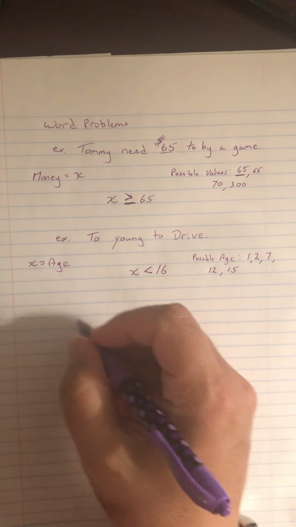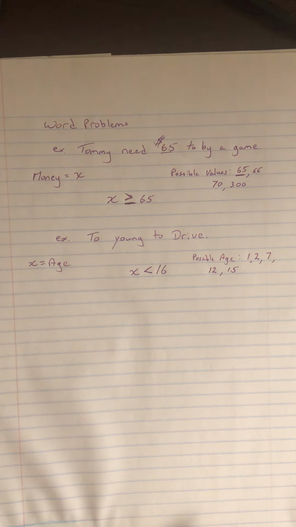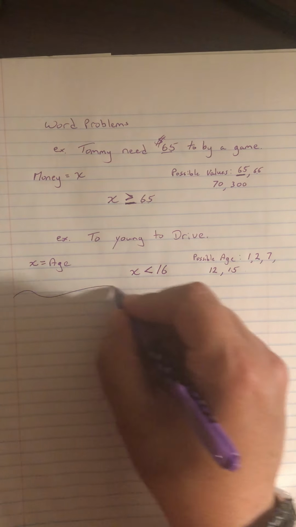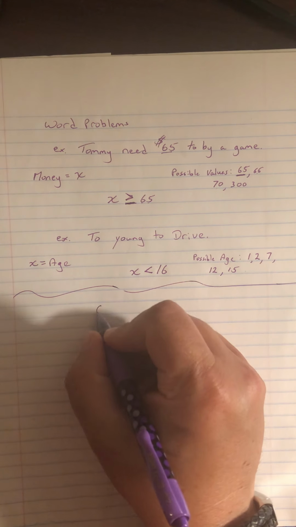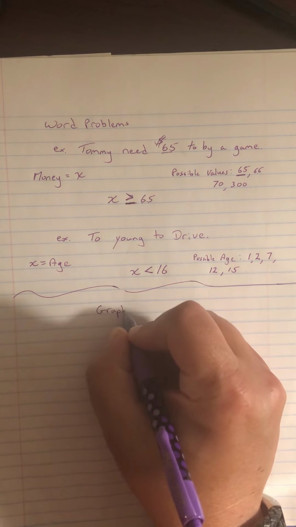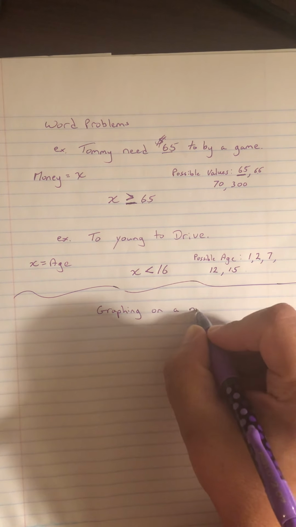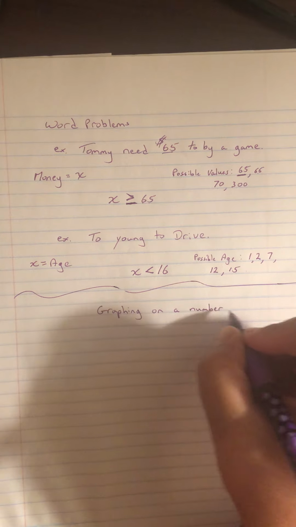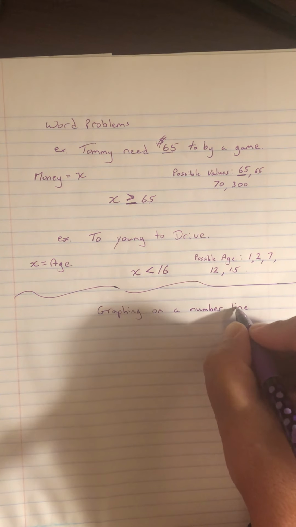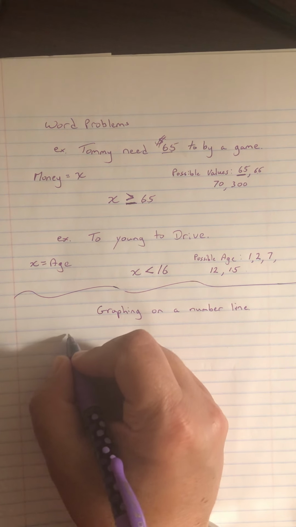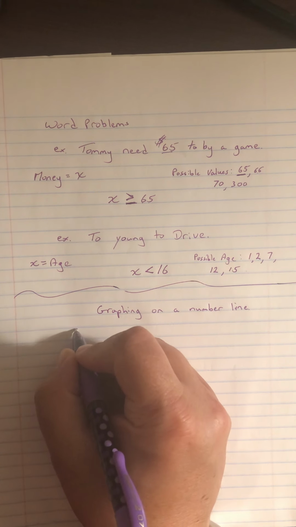Okay. The other thing that we're going to learn how to do real quick here is graphing these things. It's a matter of shading in a number line. Okay, so I'm going to do this. So graphing on a number line. Okay, now here's the two big symbols you need to know.